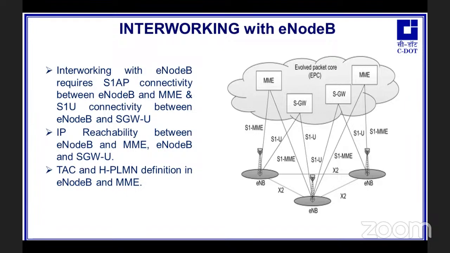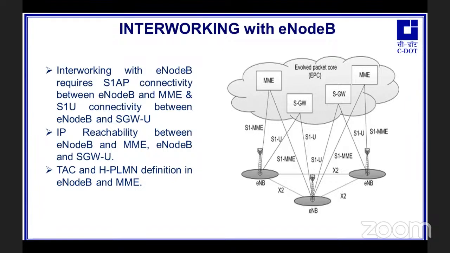So here it is written that interworking with eNodeB requires S1-AP connectivity between eNodeB and MME, and S1-U connectivity, basically the user plane connectivity between eNodeB and SGW-U. The eNodeB team will cover their connectivity, because in case of eNodeB there is also a user plane.